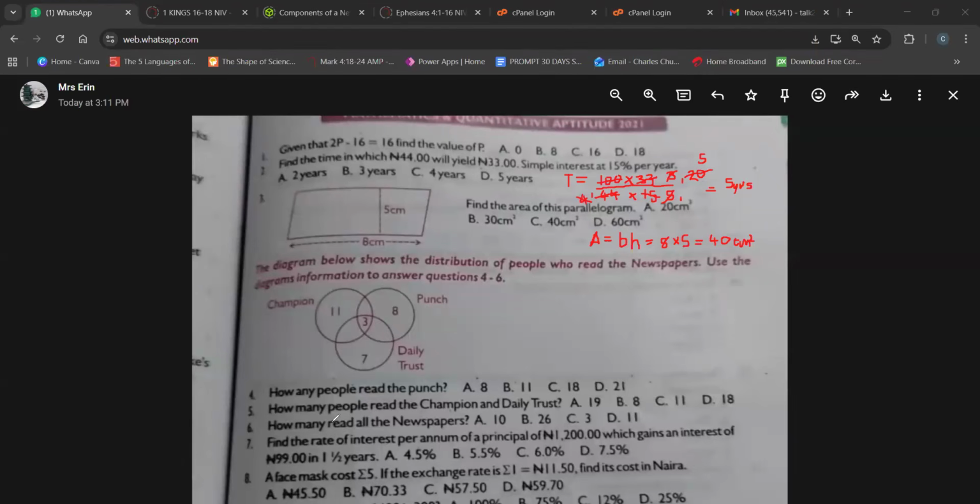How many read all the newspapers? That is going to be 29. Is that how you want to see it? Yes, sir. 11 plus 11.